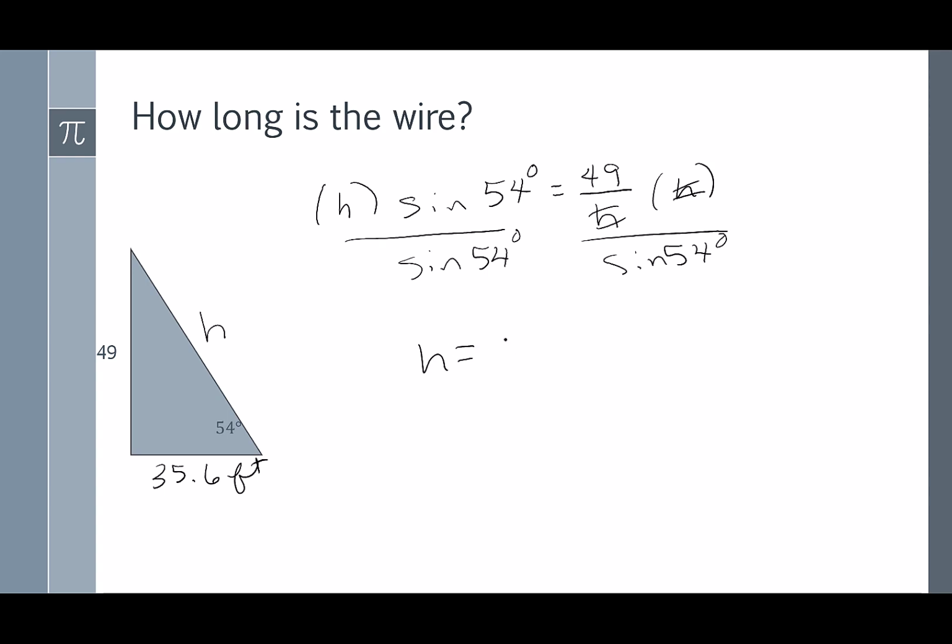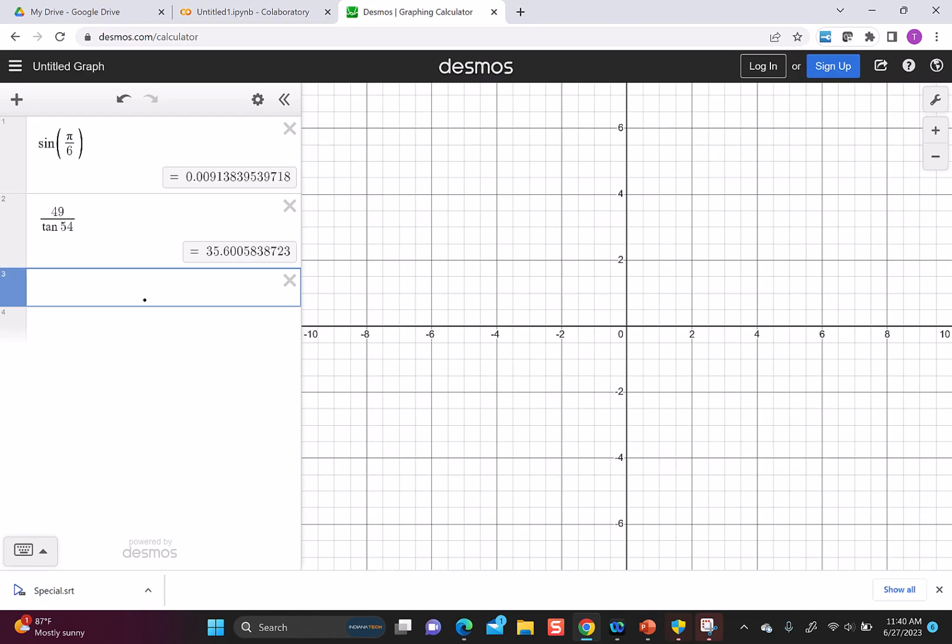Let's go back to the calculator to find our value. We have 49 divided by the sine of 54. It says 60.567. Let's write that as 60.57.